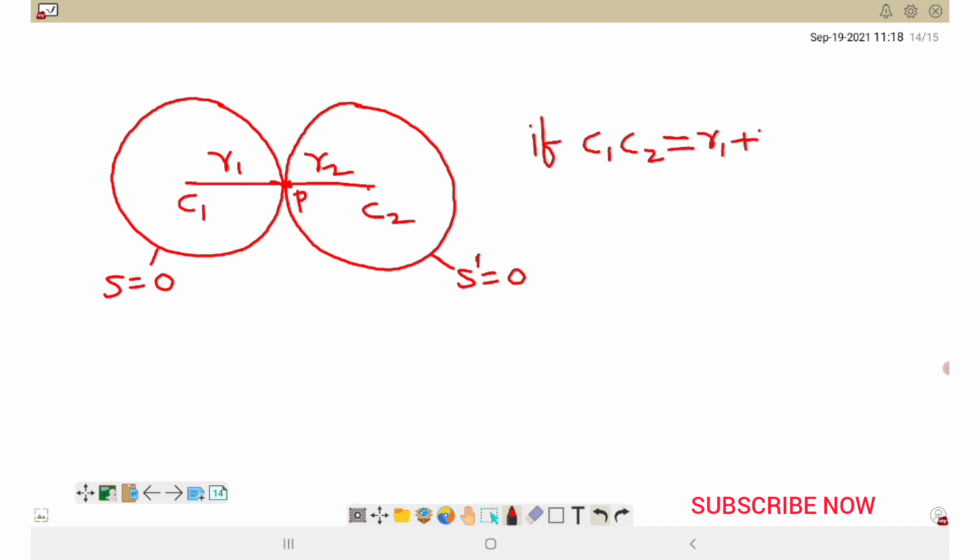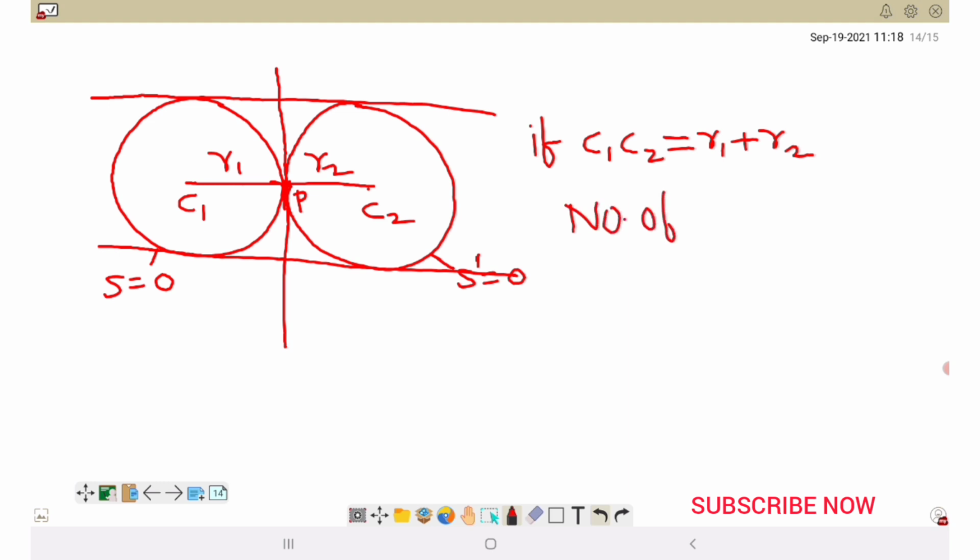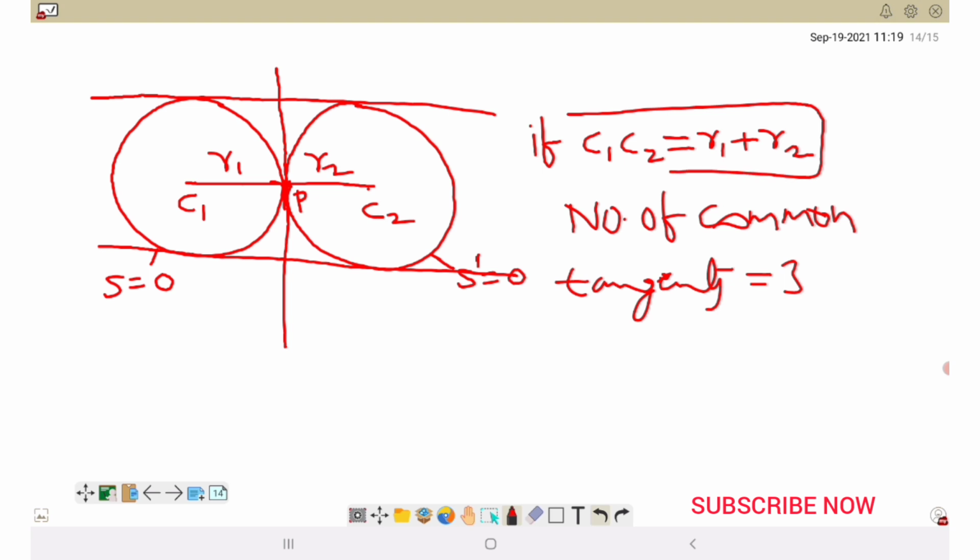If C1 C2 is equal to R1 plus R2, then the two circles touch each other externally, and the number of common tangents is 3.